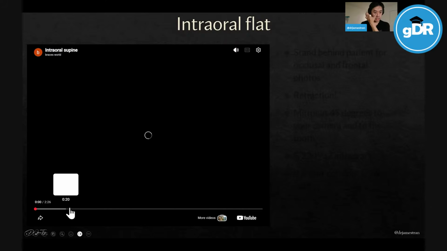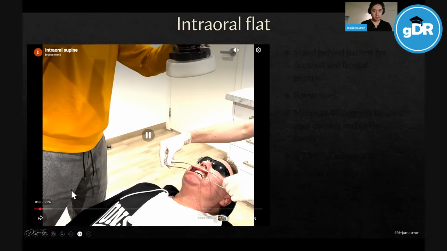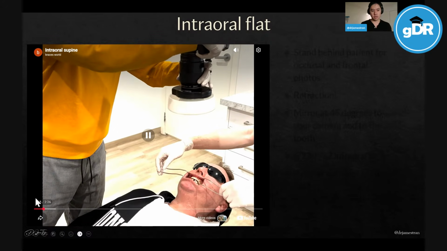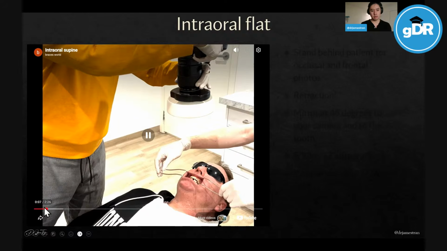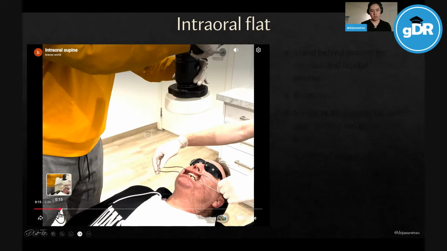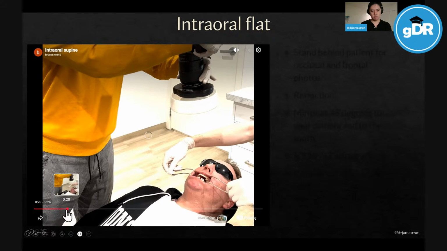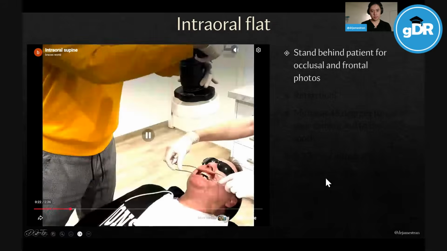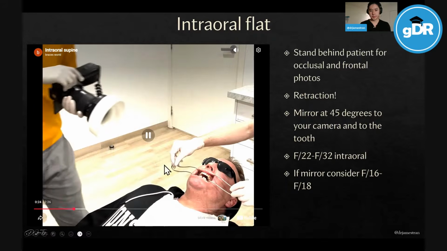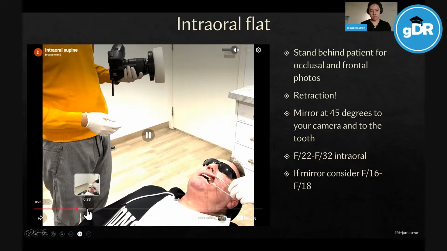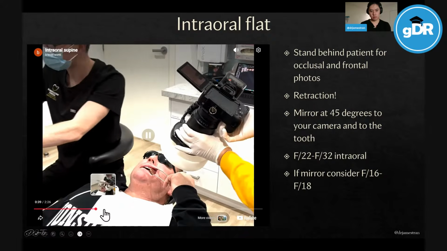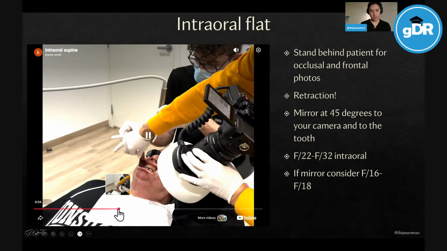If the patient's lying down, you can see I'm still holding the camera up here. Sorry, we're just short on time here, so we'll just go for the essential upper and lower.